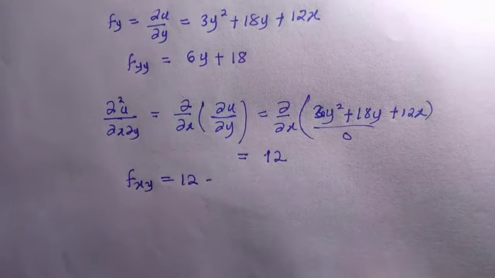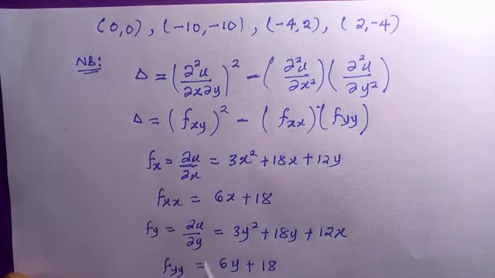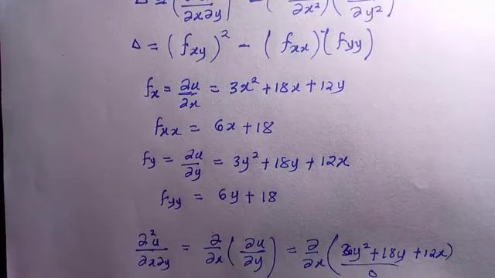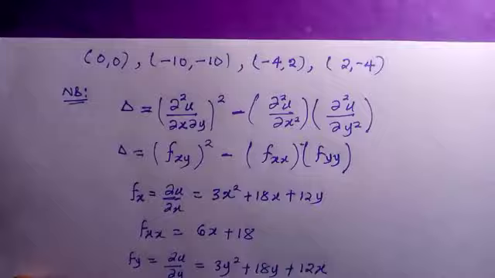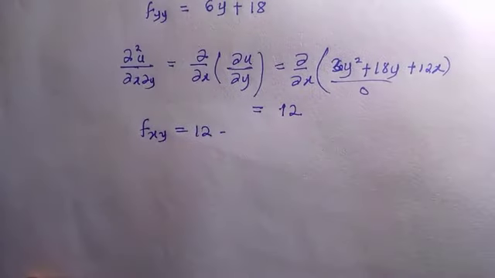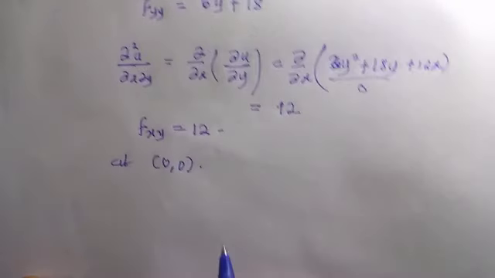So we are now coming back to the equation above, which is this. Because we want to use this one to determine the maximum, minimum, and the saddle point of this. So let's test for the first point at 0, comma 0. So at 0, comma 0, what are we going to obtain?